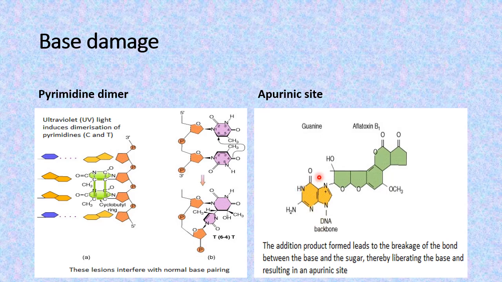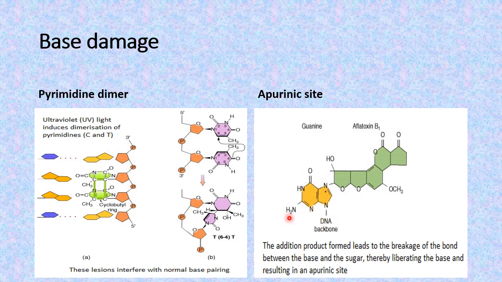Or there are certain molecules like aflatoxin. This aflatoxin, which we know is obtained from a fungus, is very toxic. The addition of aflatoxin leads to the breakage of the bond between the base and the sugar.